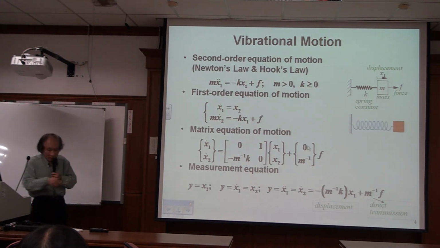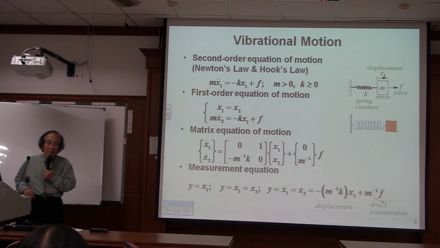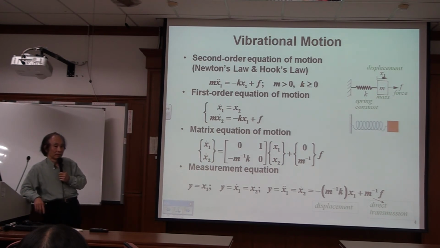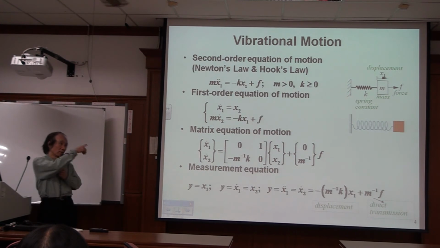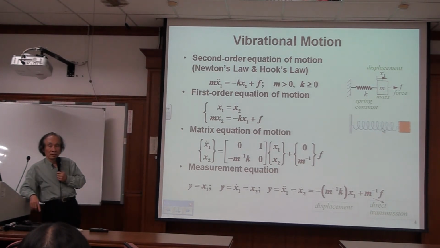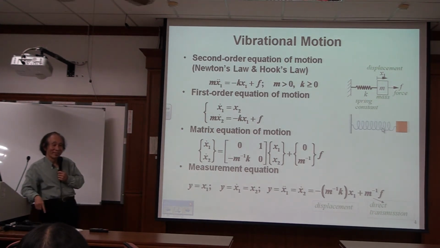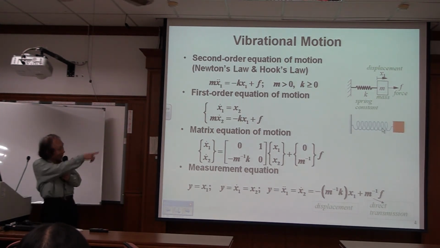So if you look at this matrix equation here, if you have an initial displacement, it's going to vibrate for good. Launch it in space and it will vibrate in space for good. Agree? If you keep watching, it won't stop anyway. At least on this side, it won't stop.